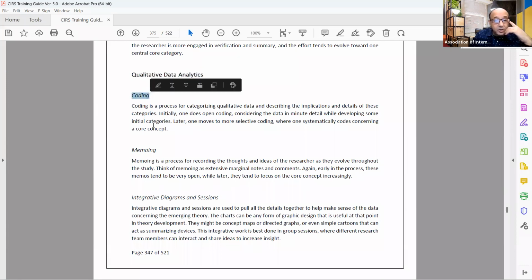The first method is called coding. Coding is when you are looking at certain information lines or certain main core words in writing the observations, which is more concisely written but has a broad idea behind it.